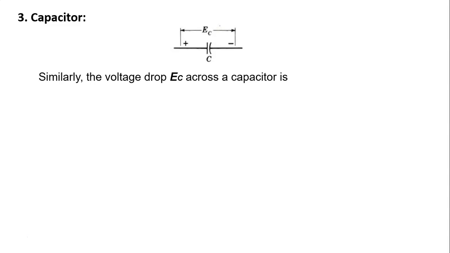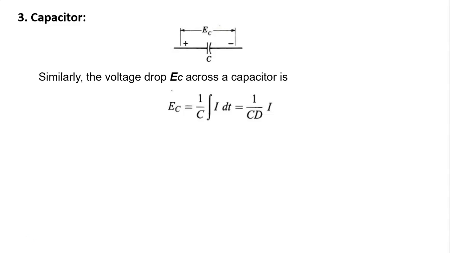Now the third element, the capacitor. The capacitor is represented by the letter C, and EC is the voltage drop across the capacitor. The voltage drop EC across a capacitor is EC is equal to 1 upon C into the integral of I dt.